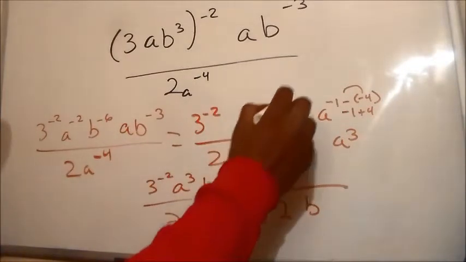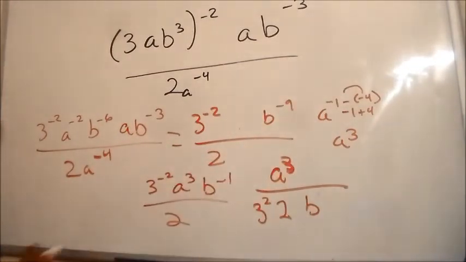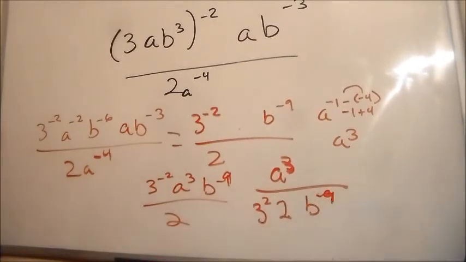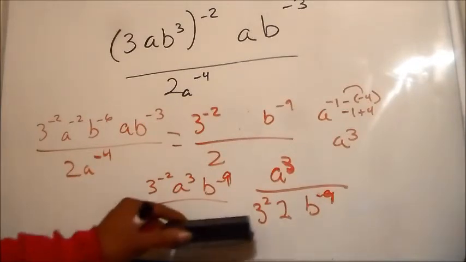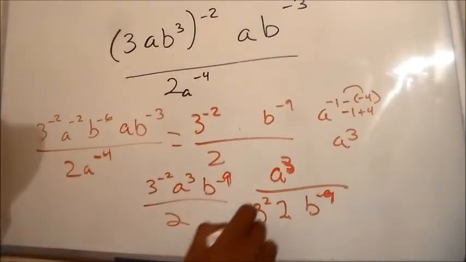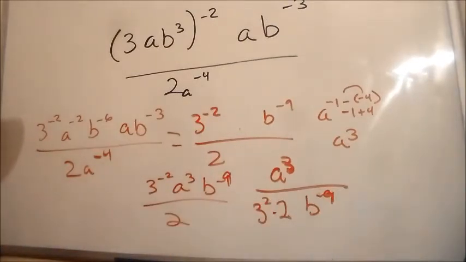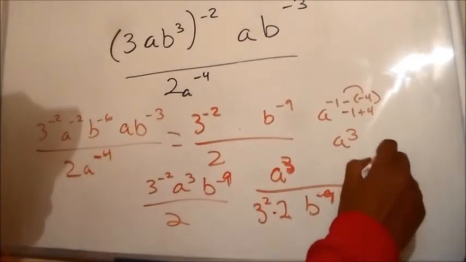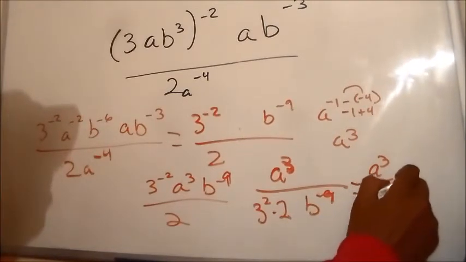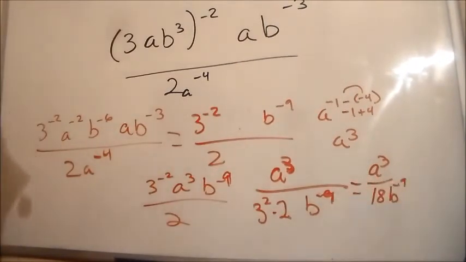B came down, and I'm sorry, that was negative 9. Negative 9. Alright. So 3 cubed is 27, times 2 is 54. So then our final answer is A cubed over 54 B to the positive 9.